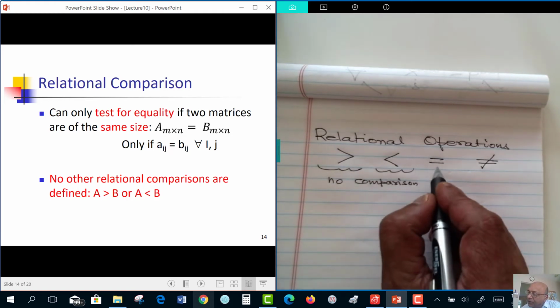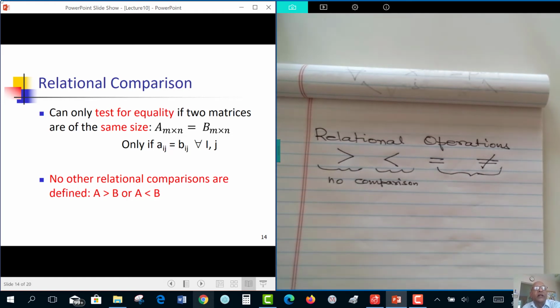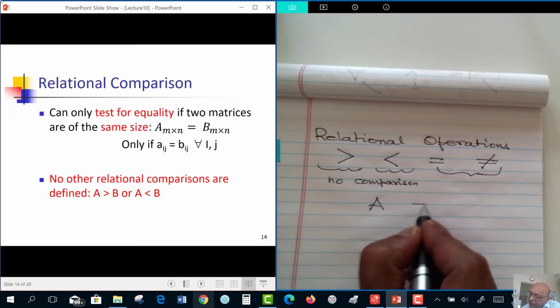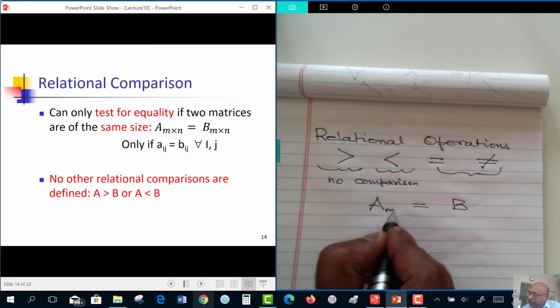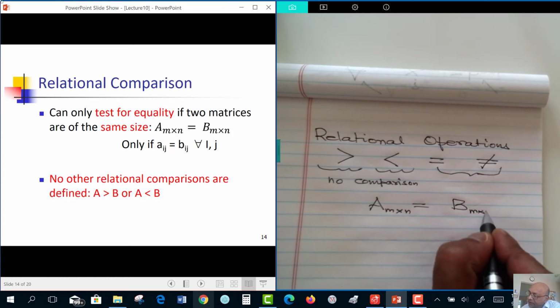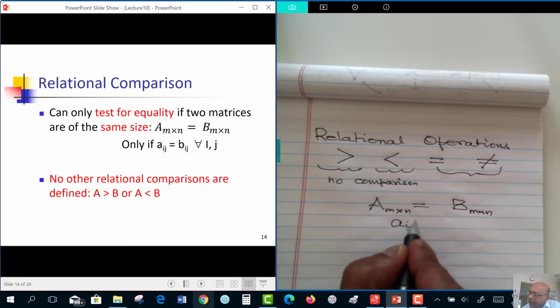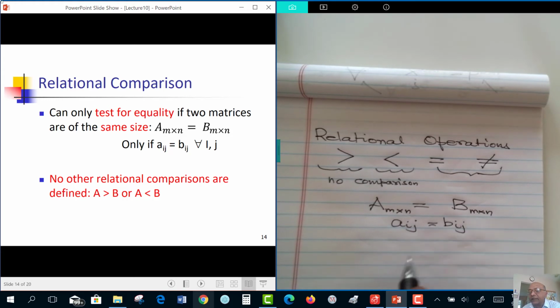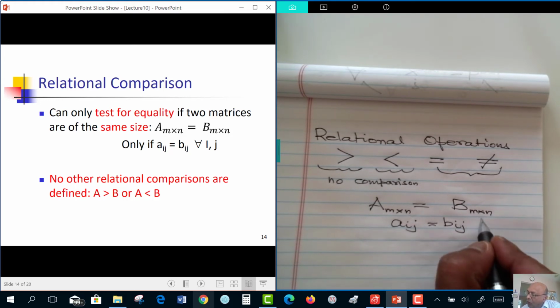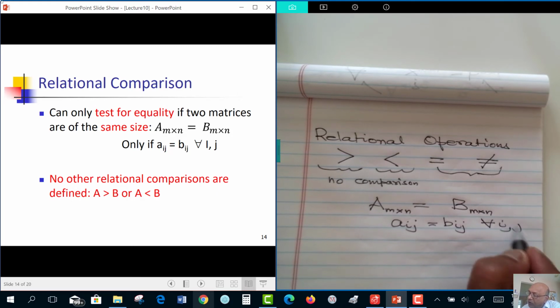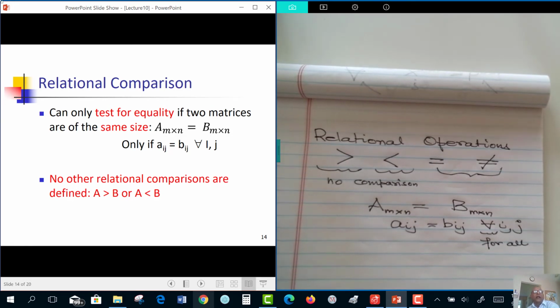We can only test for equality. So we can only say if two matrices are equal or not equal. So if we need to test for equality, first of all, they must be of the same size. Secondly, element by element, the two matrices must be identical. So we say for all row and column combinations. So this inverted A means for all. And no other relational comparisons are defined.